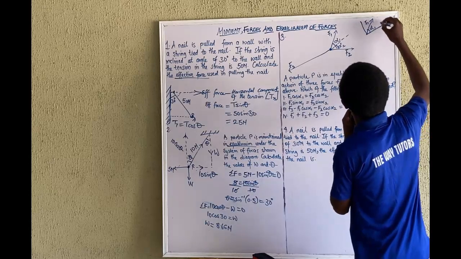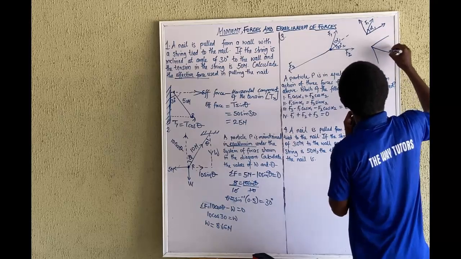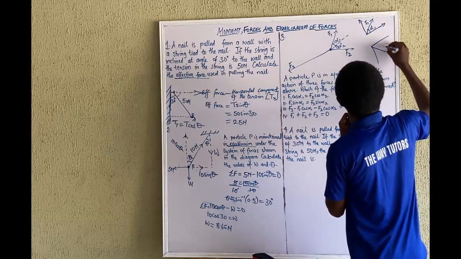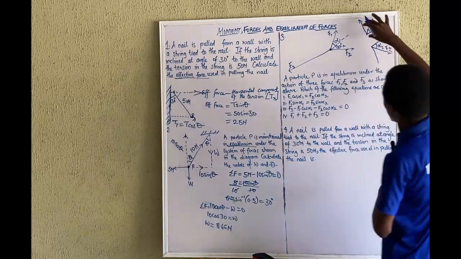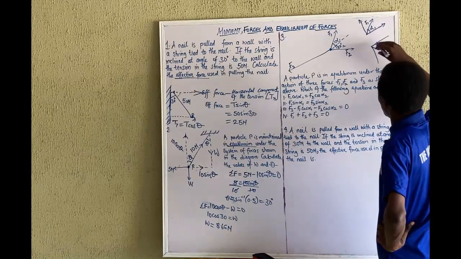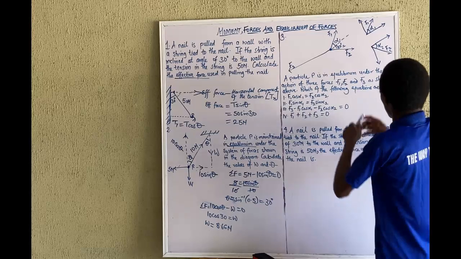Then this part, then another part here. I only did this to help aid your understanding. So this has given us a form of right angle triangle, and has also given us another right angle triangle.